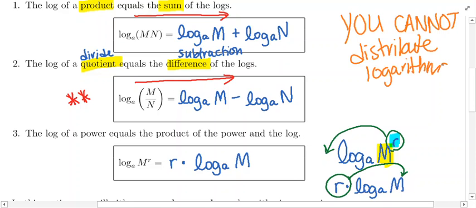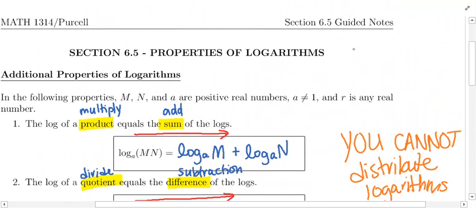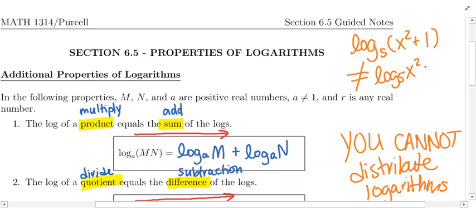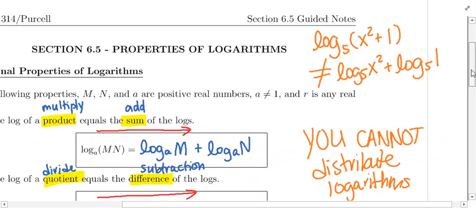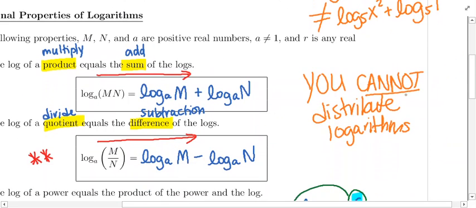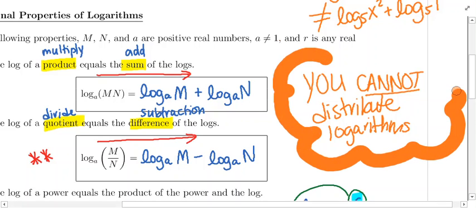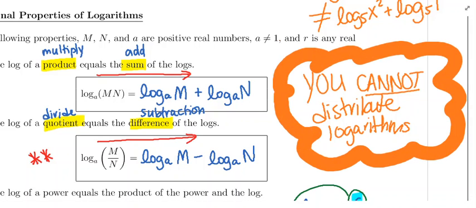And I'll even write an example up here just to remind you on the front page. If you have log base 5 of x squared plus 1, that does not equal log base 5 of x squared plus log base 5 of 1. Okay, it is a no-no, like a major no-no. You cannot distribute logarithms. You cannot do it. Don't even try ever.